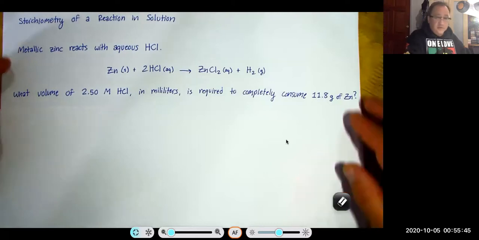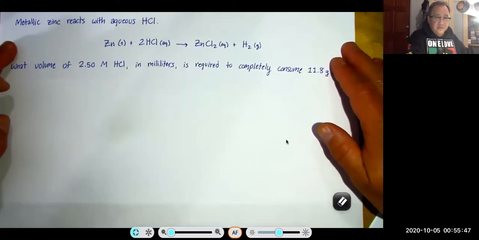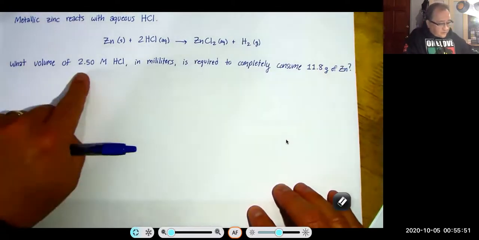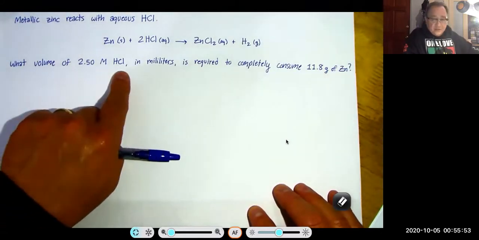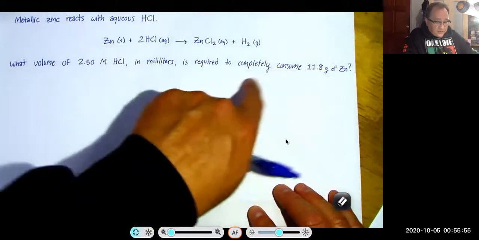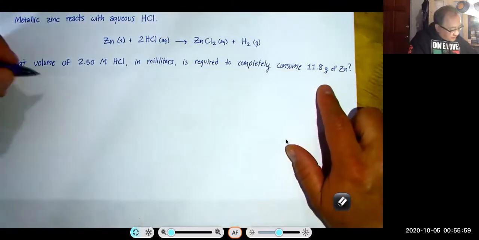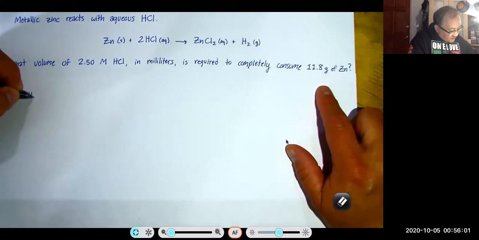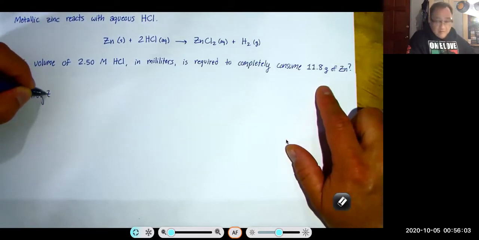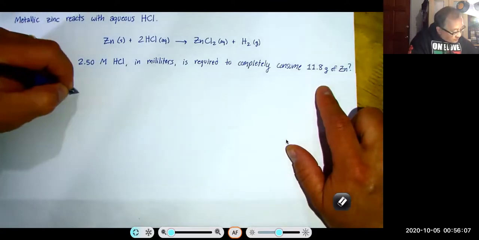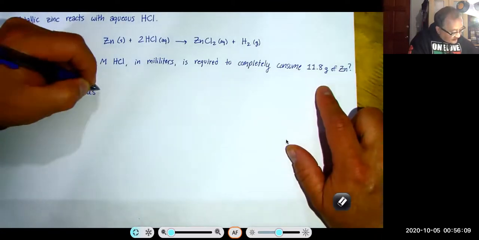Okay, so I'm going to move this up just a little bit. What volume of 2.50 molar hydrochloric acid in milliliters is required to completely consume 11.8 grams of zinc? So we can start with our 11.8 grams of zinc. That would be the grams of A. We're going to turn that into moles of zinc.